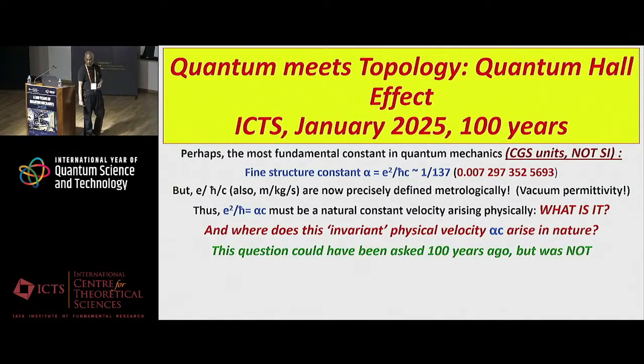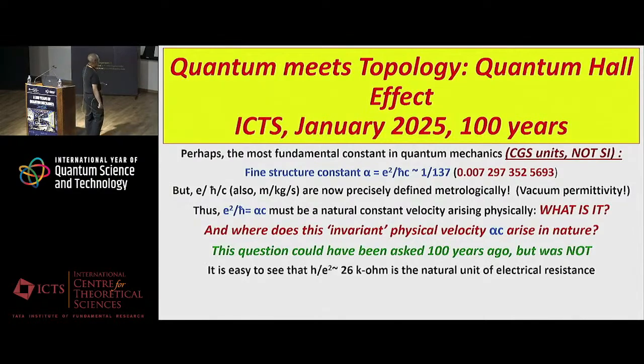This question actually could have been asked 100 years ago, right? Because alpha is already known, the electron-photon interaction. People were already working on QED, maybe not 100 years ago, but certainly, let's say, around 1930. You can also see that h over e squared, 26 kilo ohms, is a natural unit of electrical resistance.